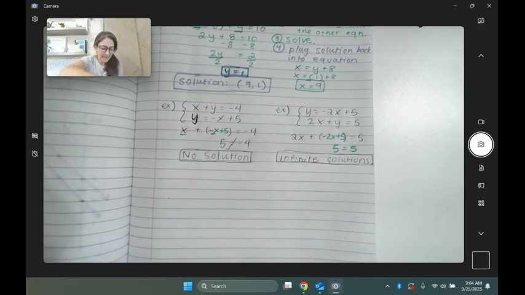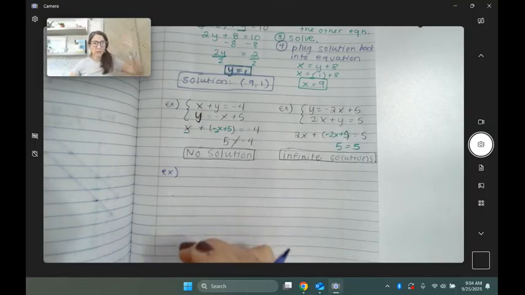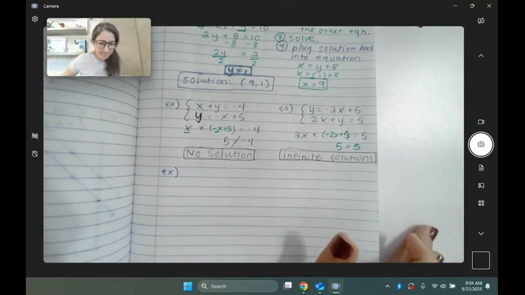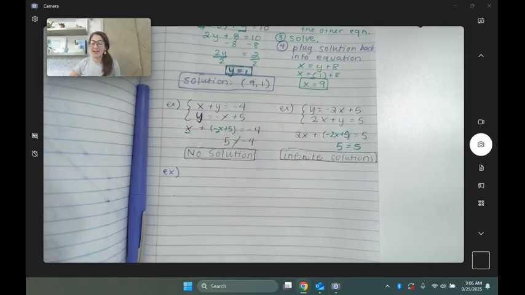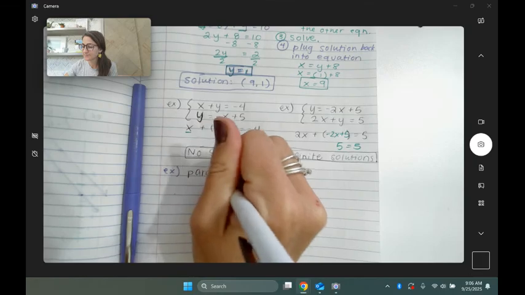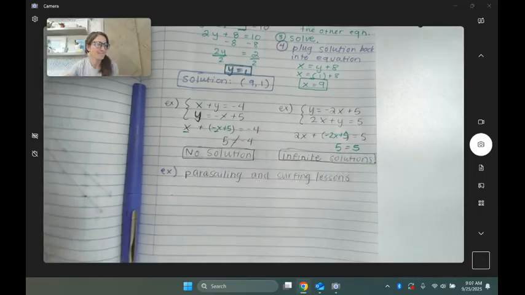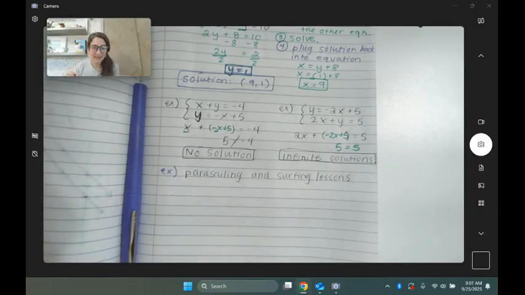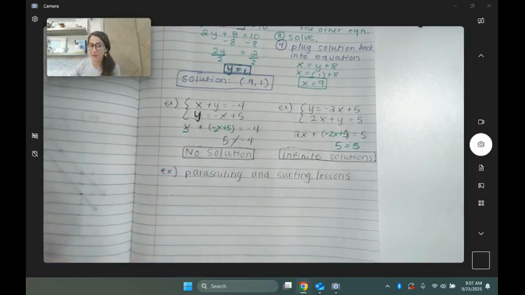All right, last example, we're going to do a little word problem. So let's say you're running a water sports center on a vacation spot. Let's say the two activities that you offer are parasailing and surfing lessons. And then let's say we need to find out the cost of parasailing and surfing lessons. So I have two clues.